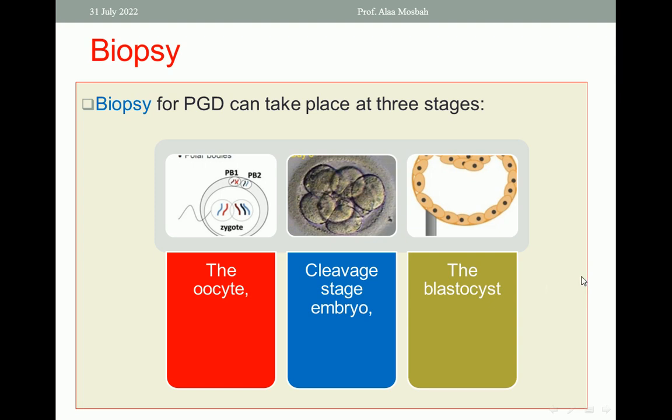We need to take a biopsy to do the genetic study, and this biopsy will be taken from where?